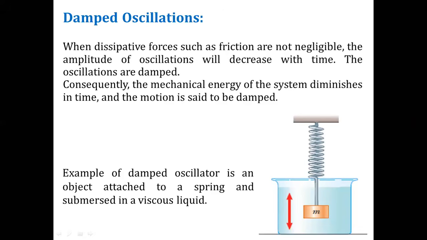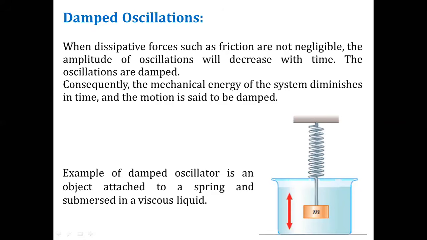And these kind of oscillations are again called damped oscillations. So what would happen in this case is that now your energy is going to decrease as a function of time, because if your amplitude is decreasing continuously, then your energy is also being dissipated continuously.